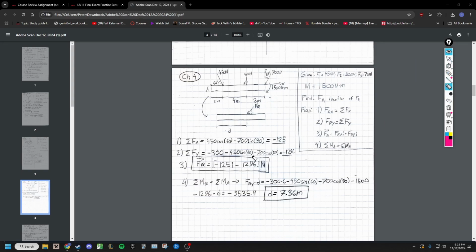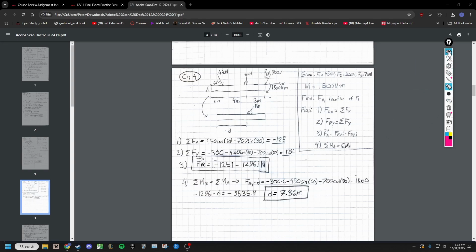And this is also negative. And then we could find the magnitude, or we could just leave this in vector form as negative 125i minus 1296j newtons. And I personally find it much easier to leave it in that form.